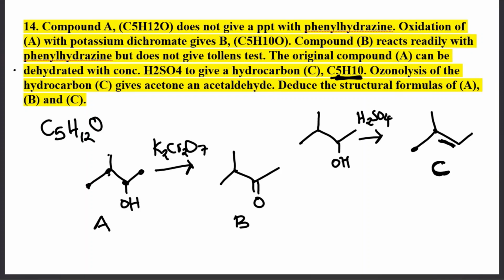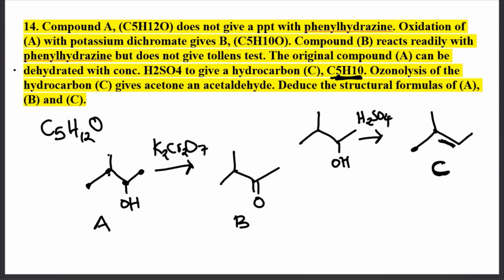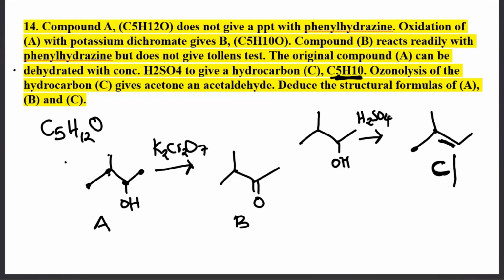And then they're saying ozonolysis of compound C will give an acetone and an acetaldehyde. So if you ozonolyze, you will react C with ozone and dimethyl sulfide. What you're going to have is cleavage of this double bond. And then when you cleave that double bond, you're going to have this plus.